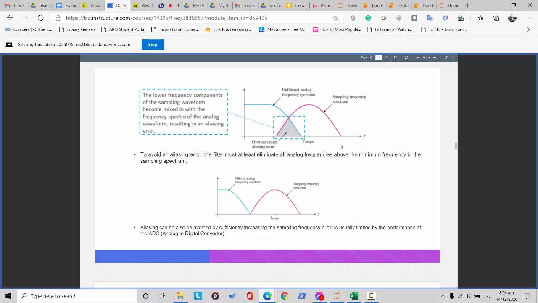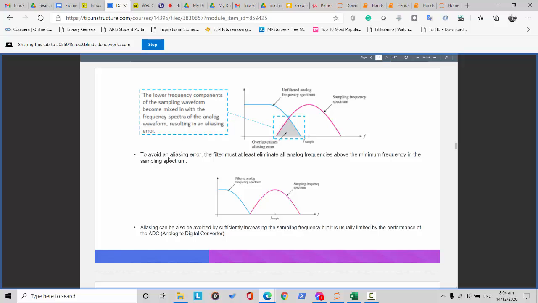If those signals overlap, this shaded region causes an aliasing error. The lower frequency components of the sampling waveform become mixed in with the frequency spectra of the analog waveform, resulting in an aliasing error.